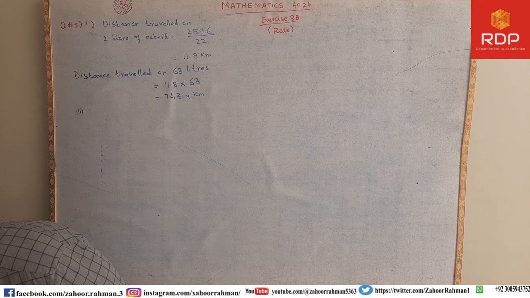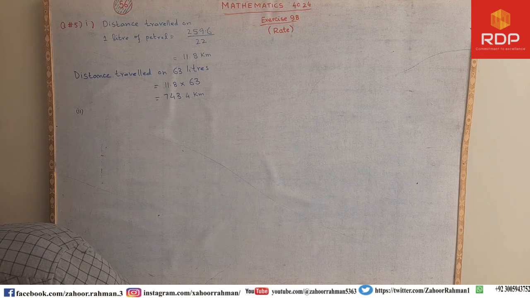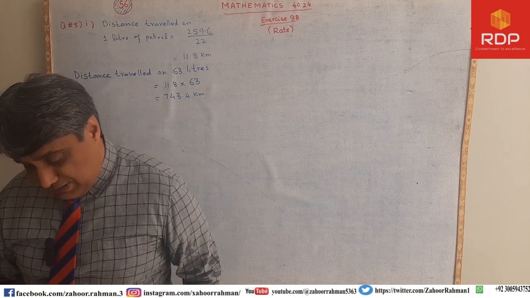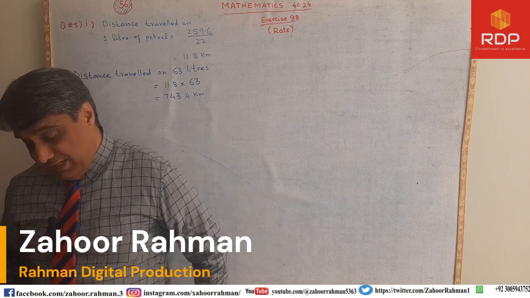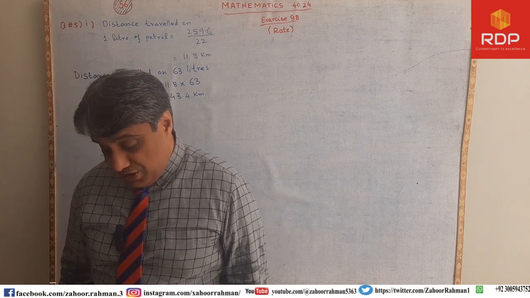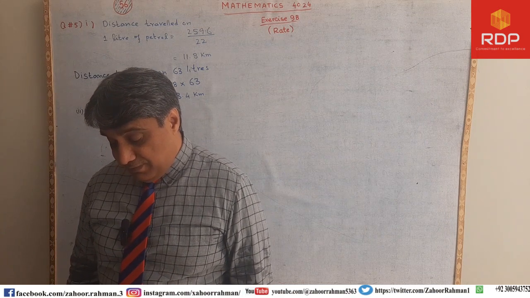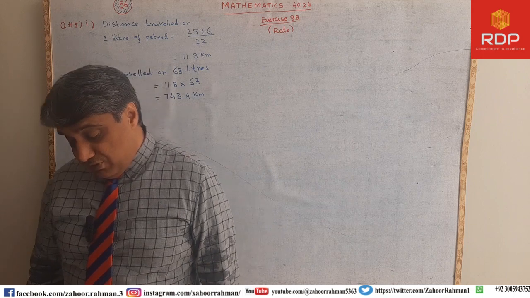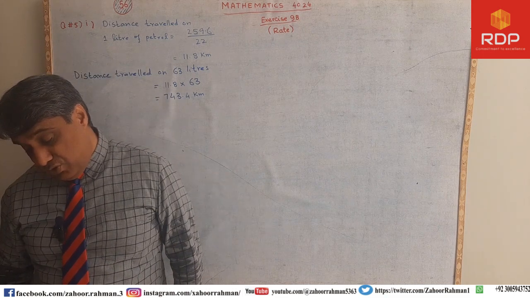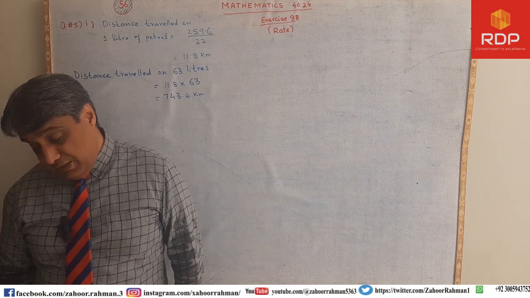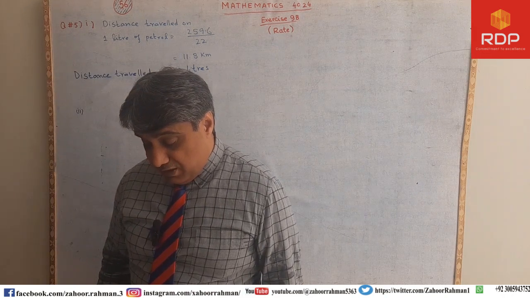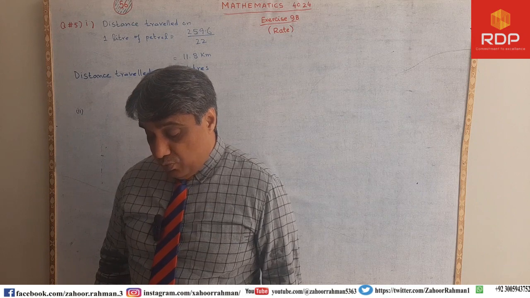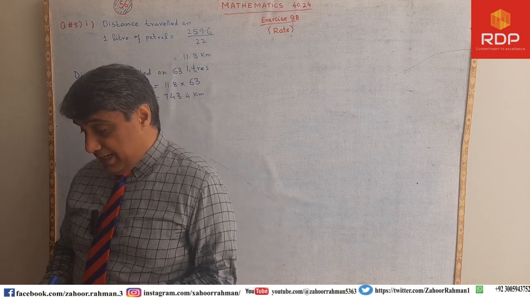Part number 2 is saying, find the amount that the car owner has to pay to travel a distance of 2013.2 kilometer if a liter of petrol costs 1.99.